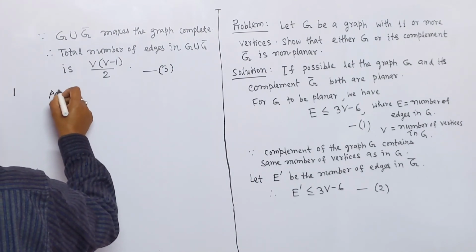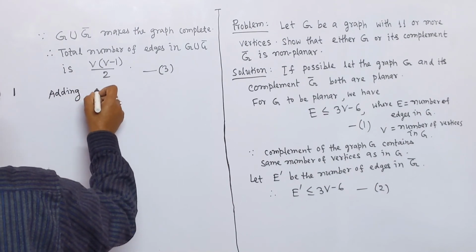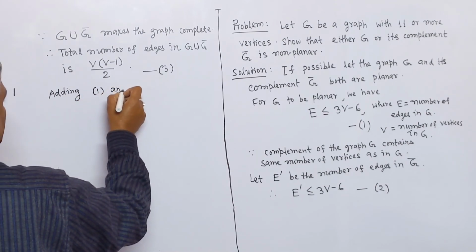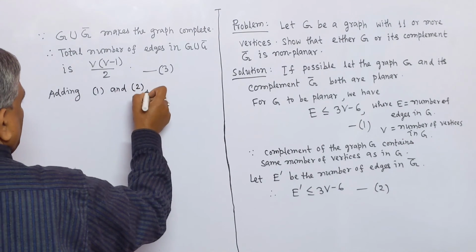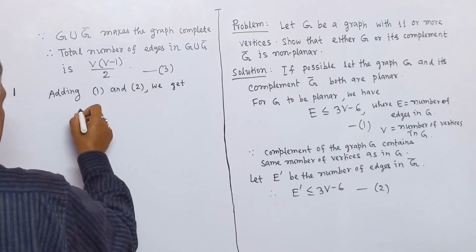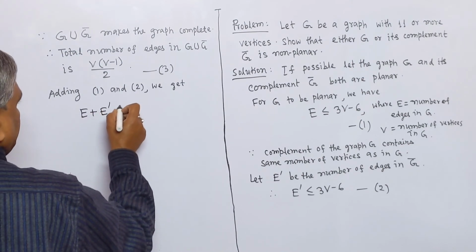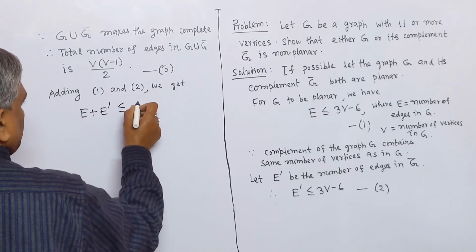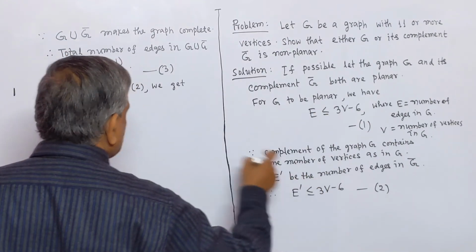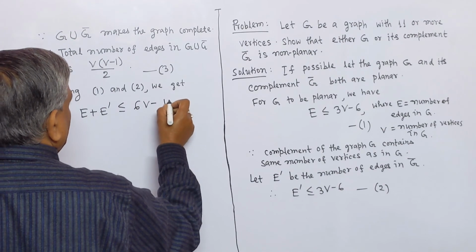Adding 1 and 2, we get E plus E prime less than or equal to 3V plus 3V, that is 6V minus 12.